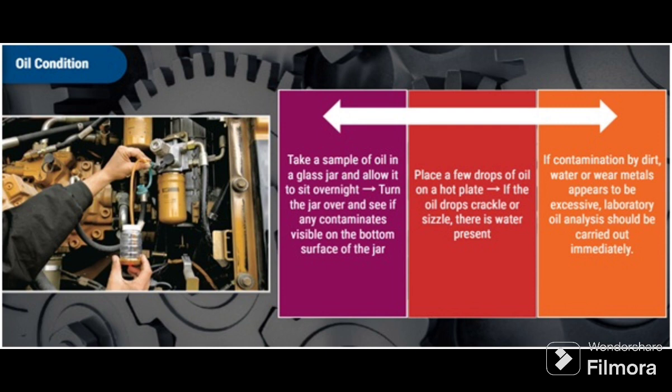If the oil drops crackle or sizzle, there is water present, probably in excess of 1000 ppm, that is 0.10%, which is detrimental to gear drives. In many cases, any water, if excessive, will separate from the oil sample in a jar stored overnight. If contamination by dirt, water, or wear metals appears to be excessive, laboratory oil analysis should be carried out immediately.